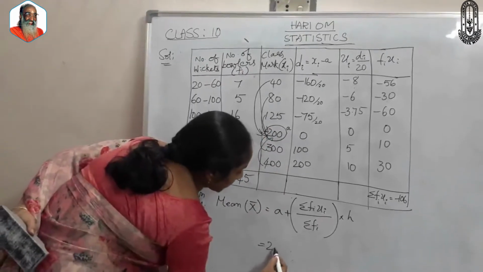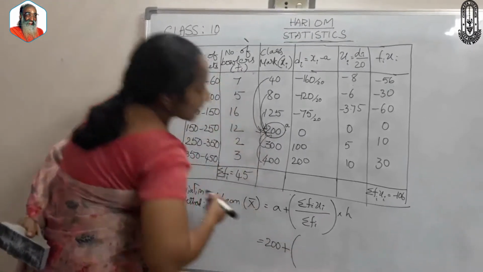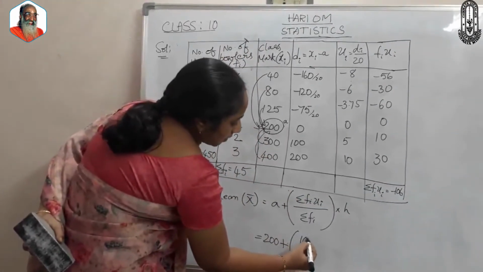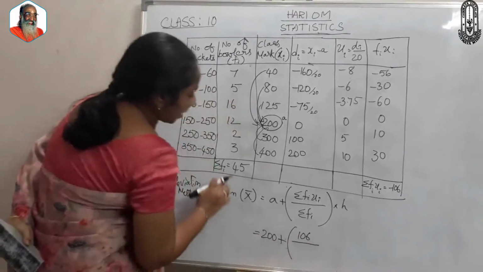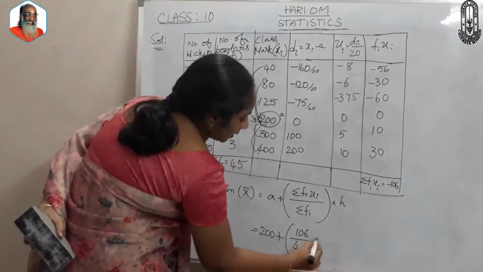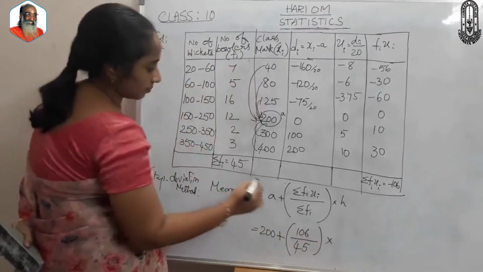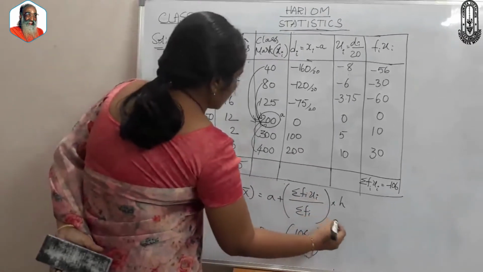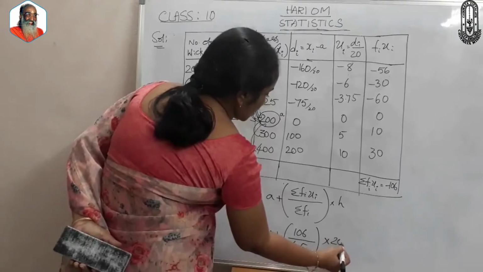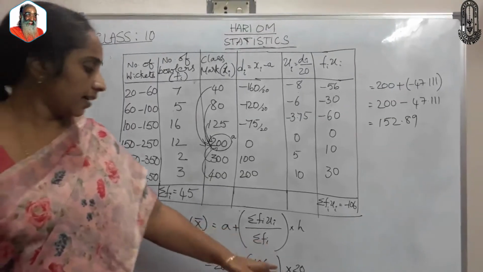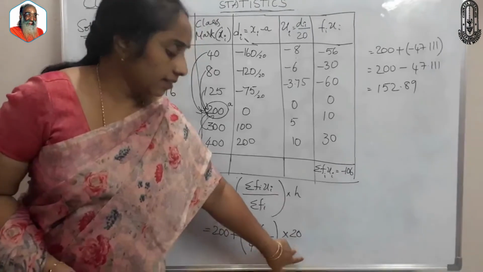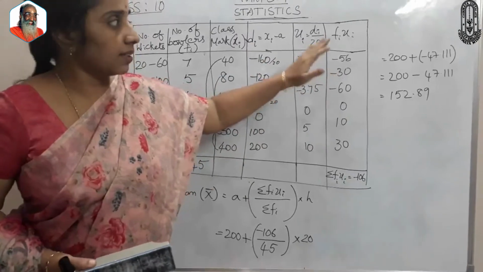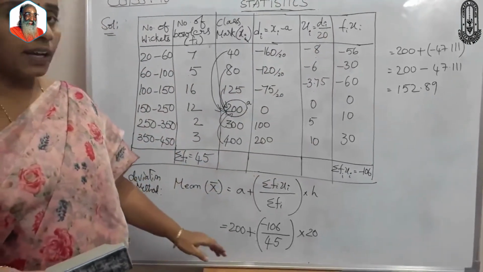It is 200 plus sigma FI UI is minus 106 by sigma FI is 45 into H. Here I have taken this H as 20. Why? Because these entire DIs are divided by 20, so I have considered the class interval as 20.